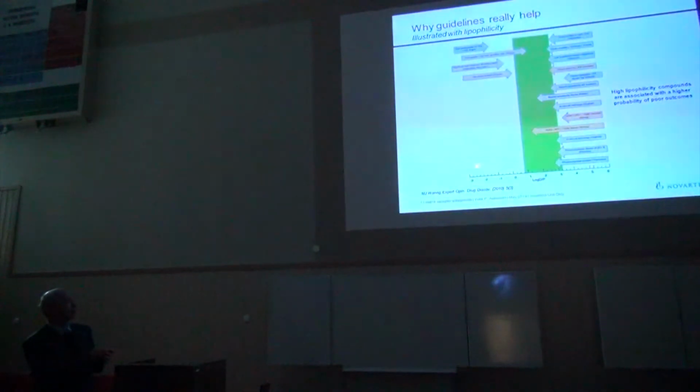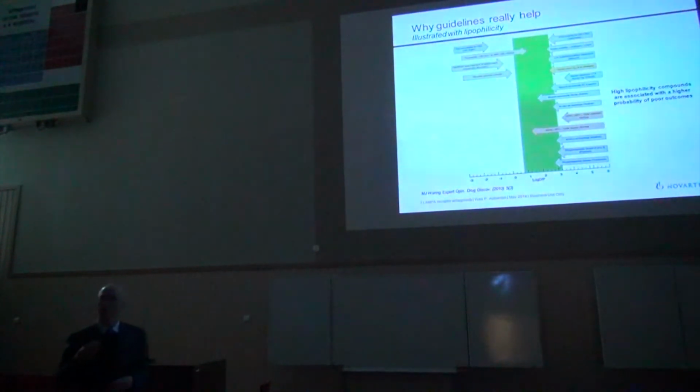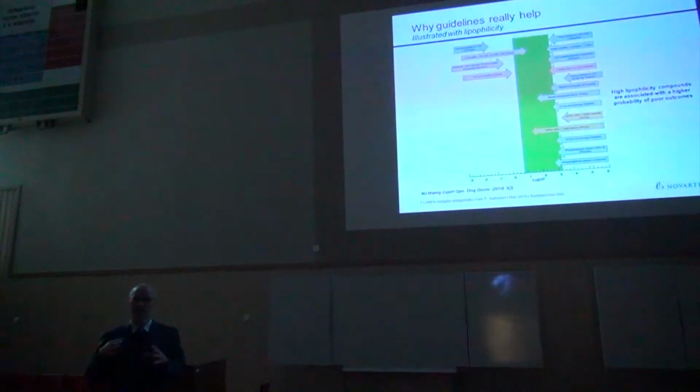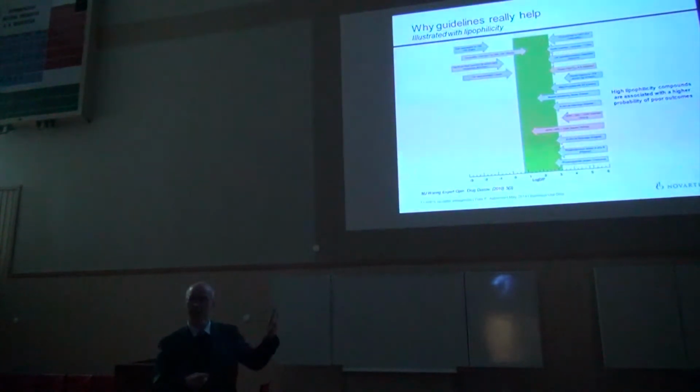We know that if you look at the range of lipophilicities, the best drugs or the best drug candidates are roughly between 1 and 3. And the reason is relatively simple. If you go to values below 1, you end up with molecules that have a lot of renal clearance, they have poor permeability, they have properties that are overall not favorable to oral absorption. So they are not very good drugs.